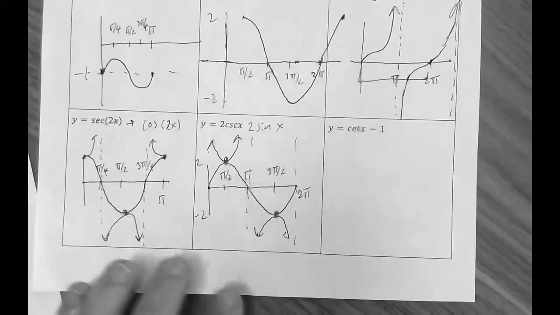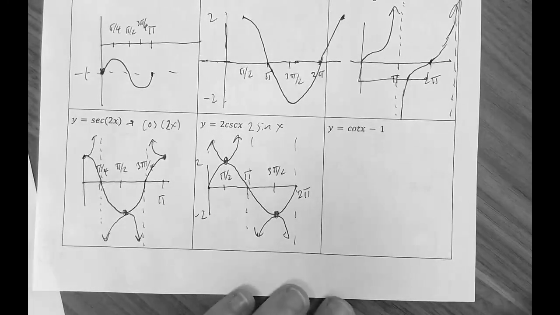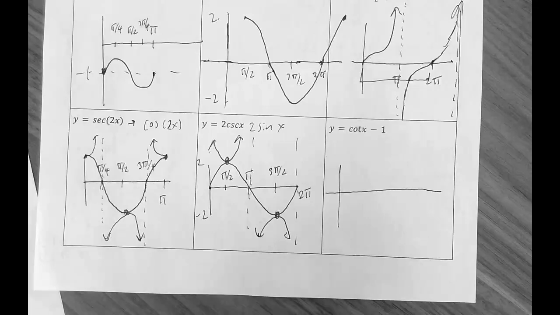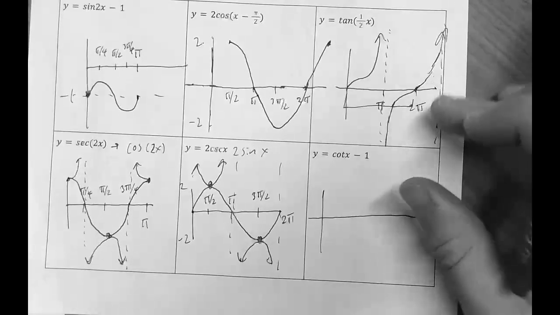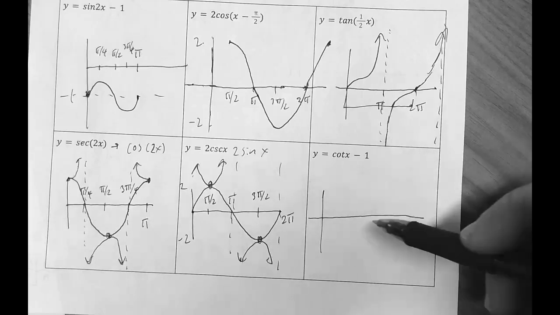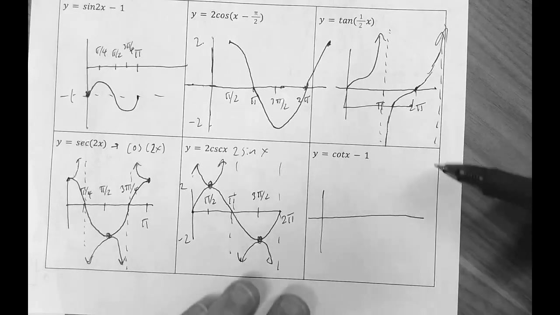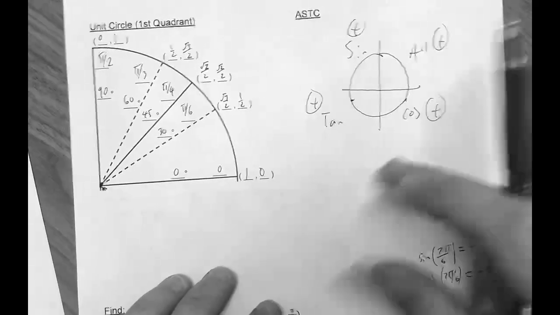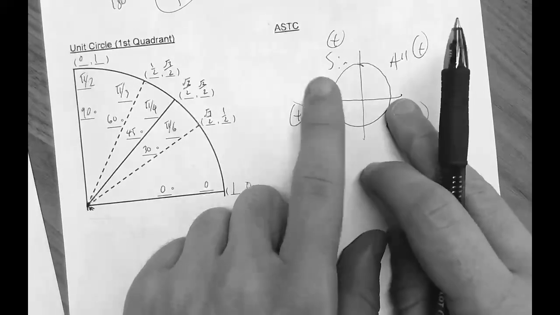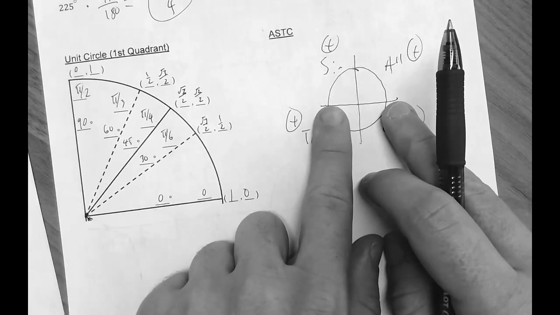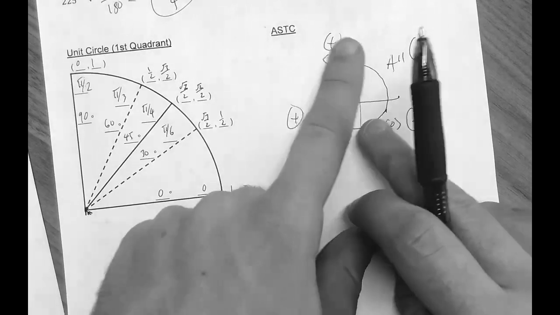Okay? And then cotangent x minus 1. So cotangent x looks very, very similar to tan x, except our vertical asymptotes happen at different spots because cotangent is cosine over sine. So you're asking, okay, where's cosine 0? Well, cosine 0 here and here.